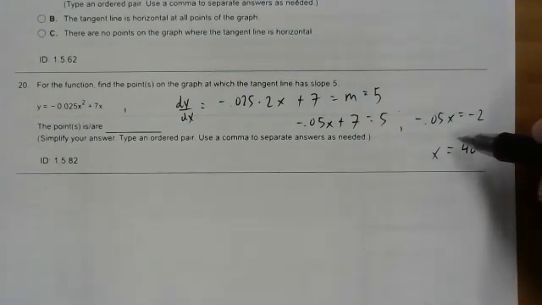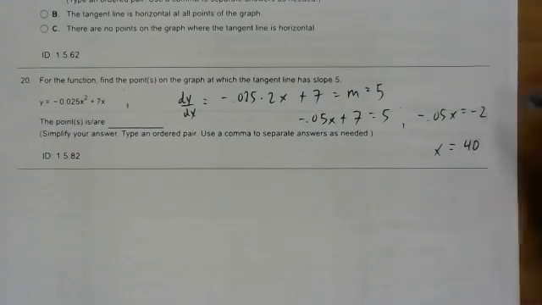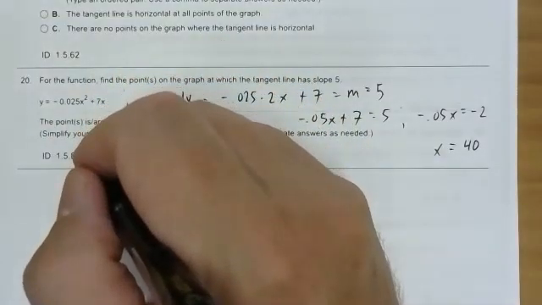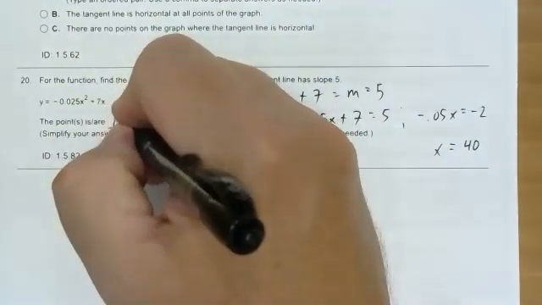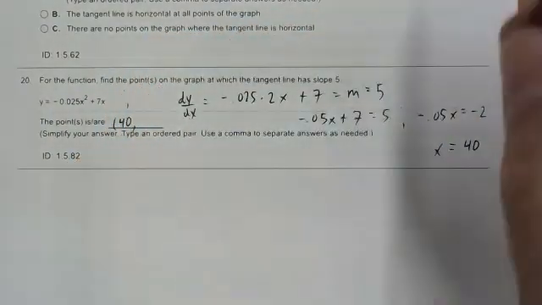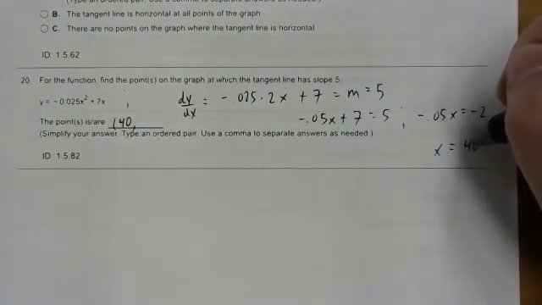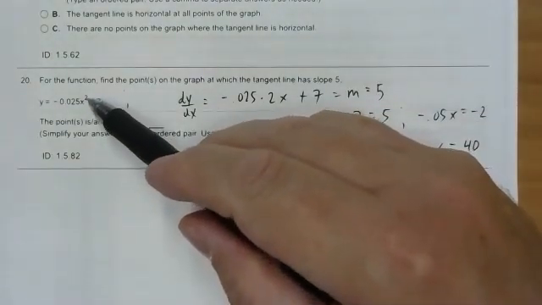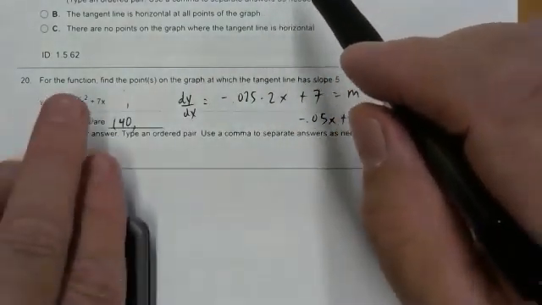So if it's looking for a point, an ordered pair, x is 40. How do I find y? I plug 40 back into this original equation.